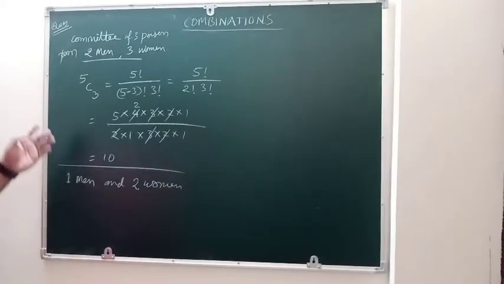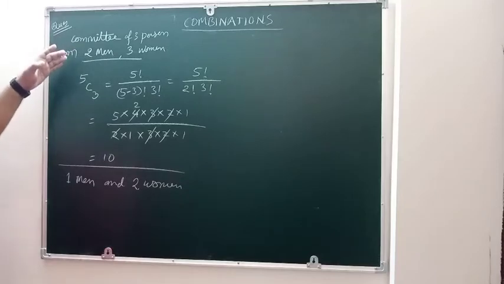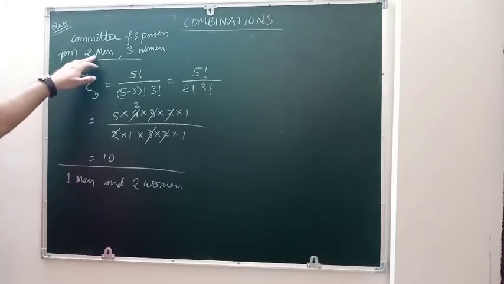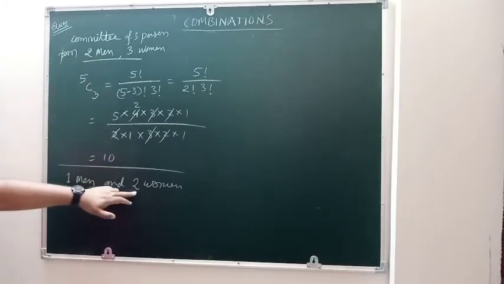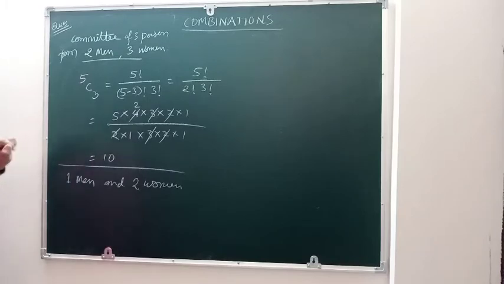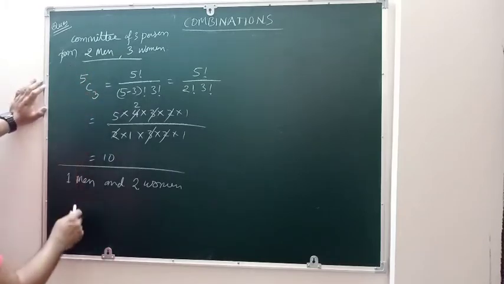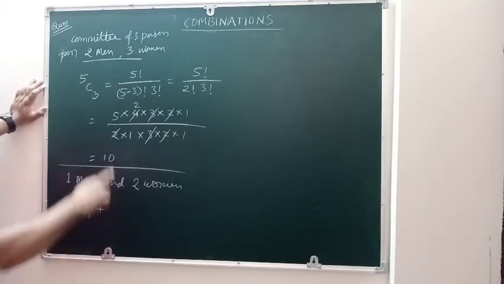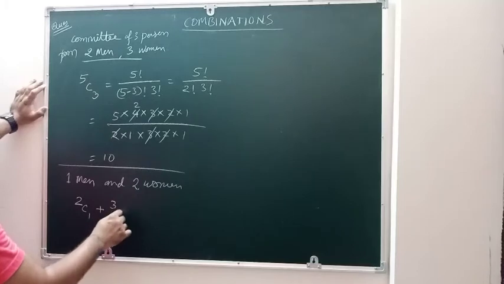Another part of this question: I have to make a committee of 3 persons with a condition that I should choose 1 man out of these 2 and 2 women out of these 3. So I have 2 men, and I am selecting 1, and I have 3 women and am selecting 2.